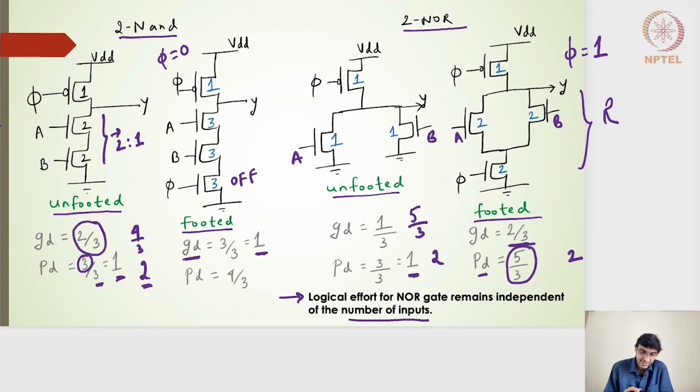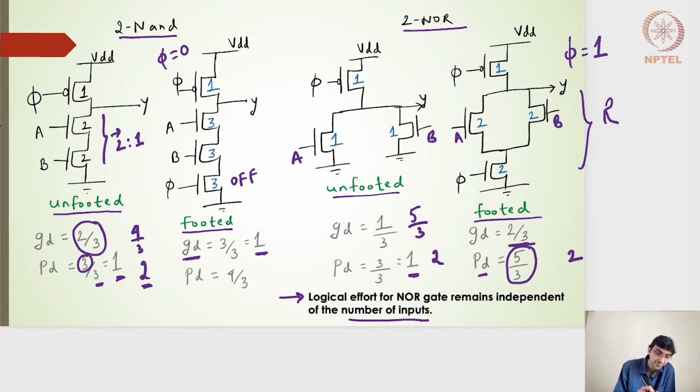Whereas for a NAND gate, if I keep on adding more transistors to accommodate more inputs, the transistor sizes will change, and thereby the input capacitance seen will change, and thereby the logical effort will change. Whereas in a NOR gate, that is not the case. The logical effort remains independent. All right. Hope this is clear.